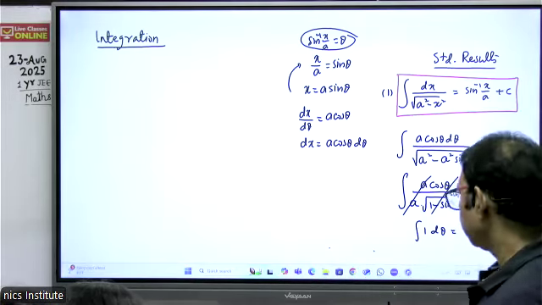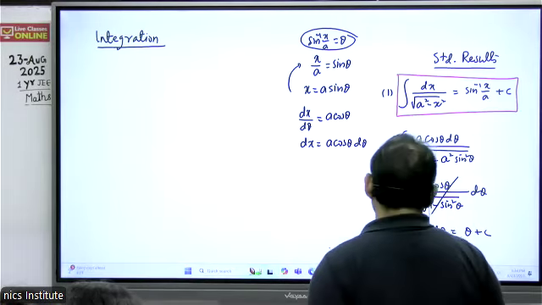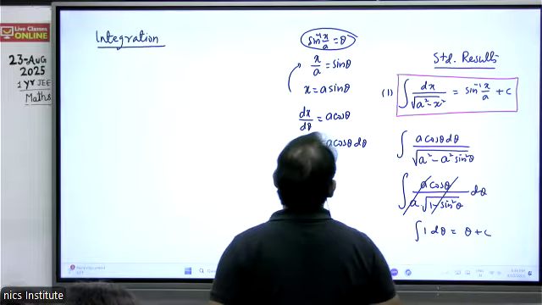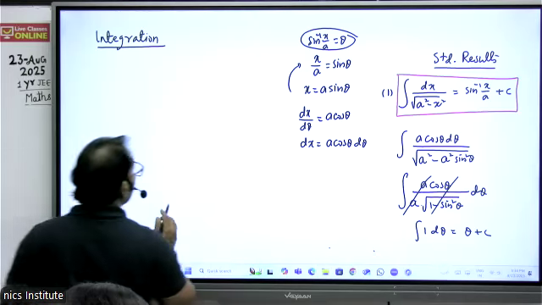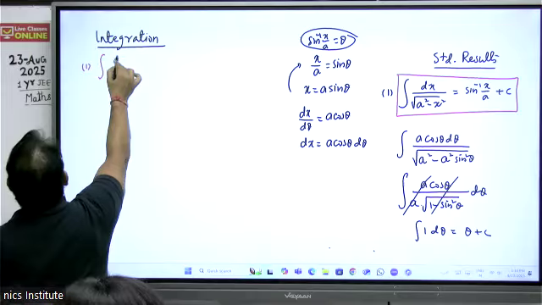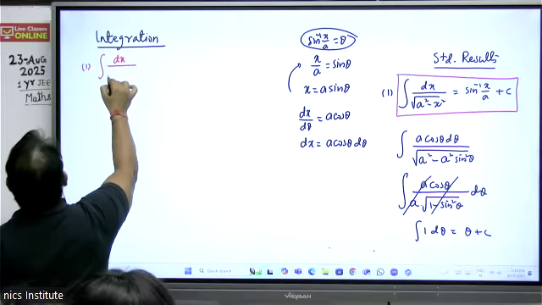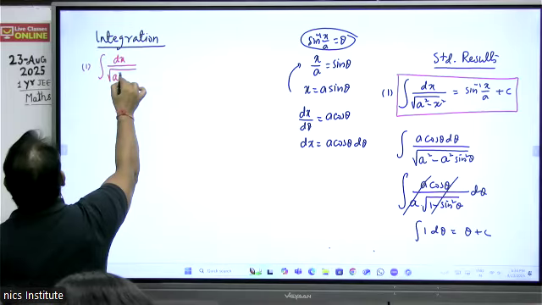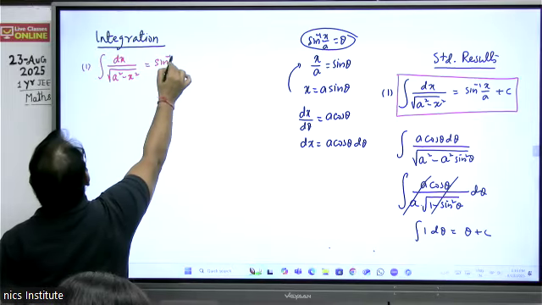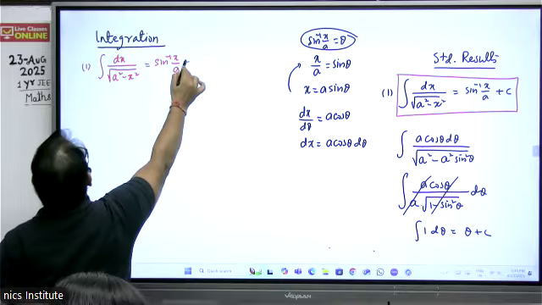So this is the first result. Similarly, we can get other results also, but I'm not deriving all of them. I'll simply write the formulas. The first formula is dx divided by root of a square minus x square is sine inverse x by a plus c.